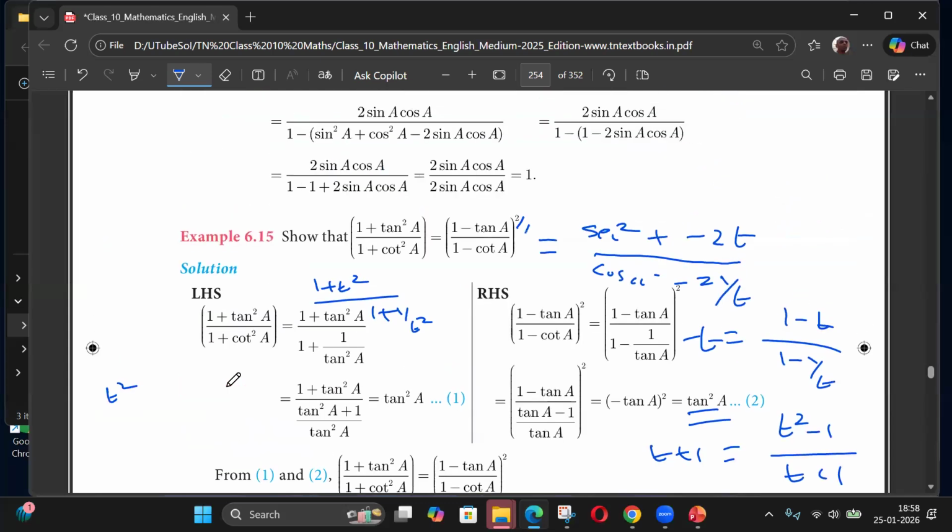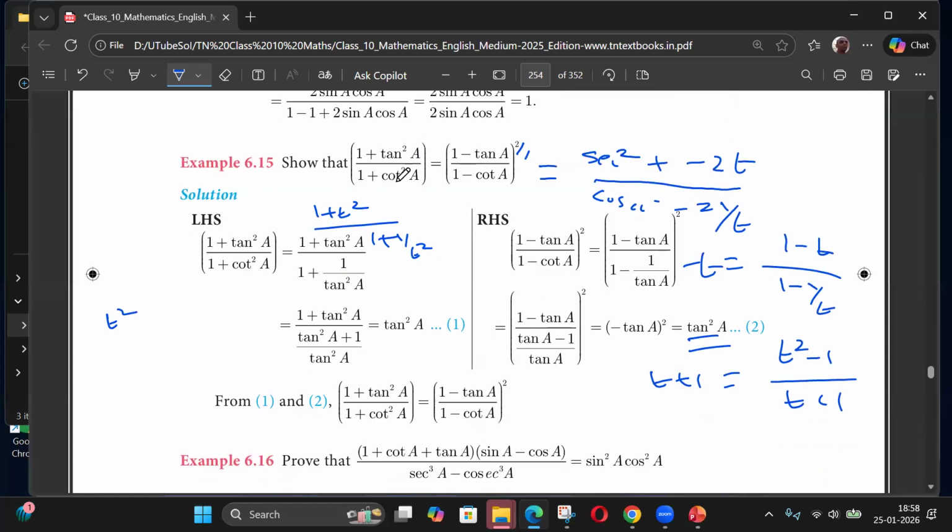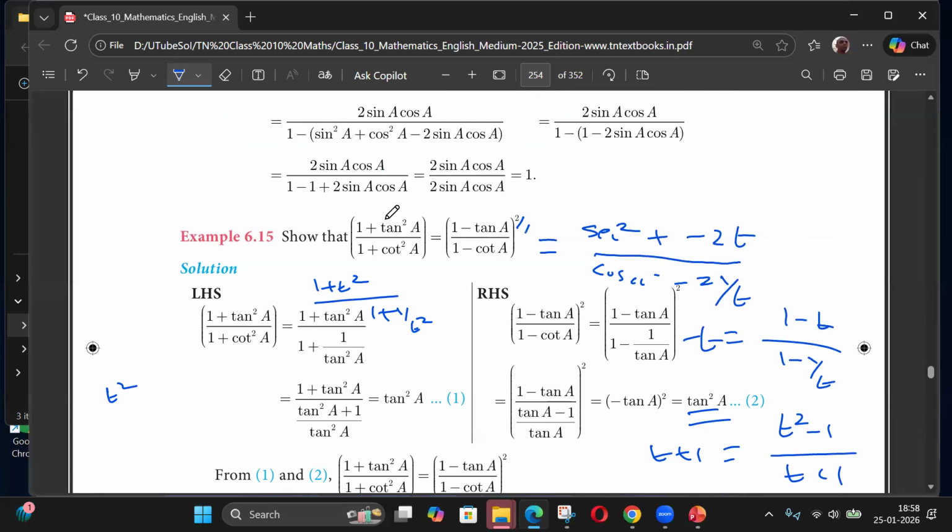So here you're reducing left hand side to one thing and reducing right hand side to one thing, and then the reduced one is same. So the original one should be same. This is another way of proving. One way of proving is take the left hand side, manipulate it, and show it is same as right. Another thing is you manipulate the left hand side, get something, manipulate the right hand side and get something, and see both are equal.